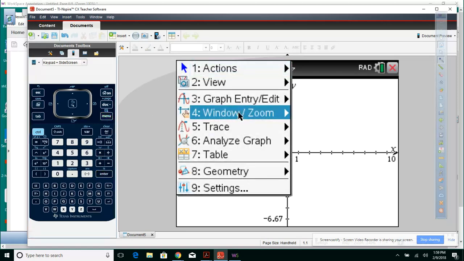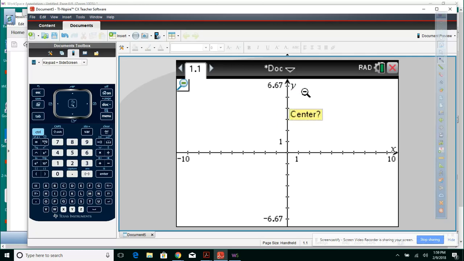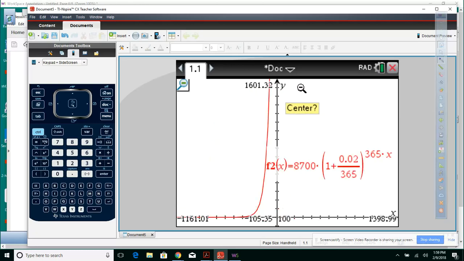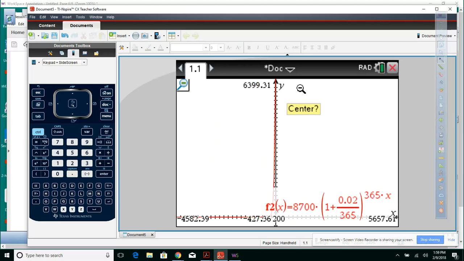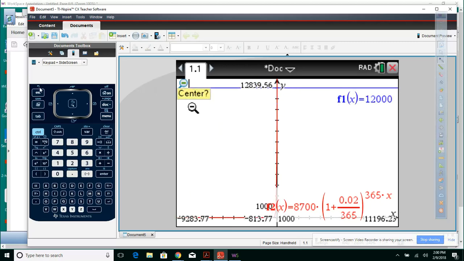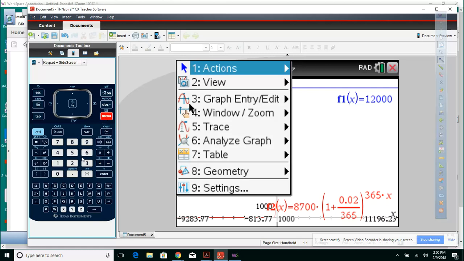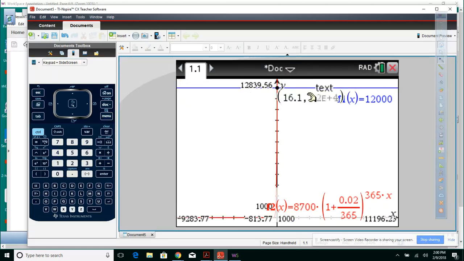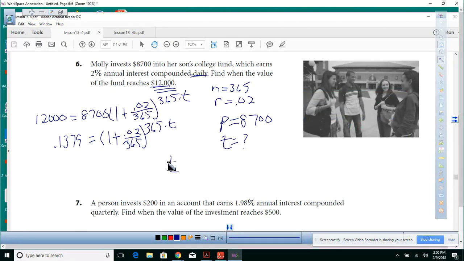Menu 4, 4. There it is. Escape. Menu 6, 4. And we get 16.1. So that was actually faster. t equals 16.1.